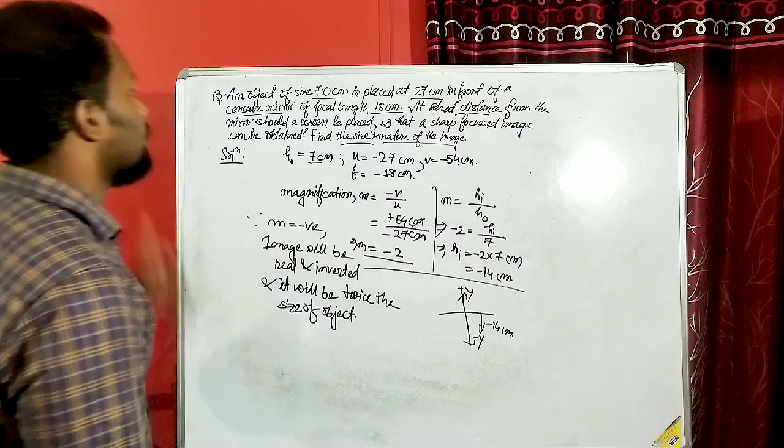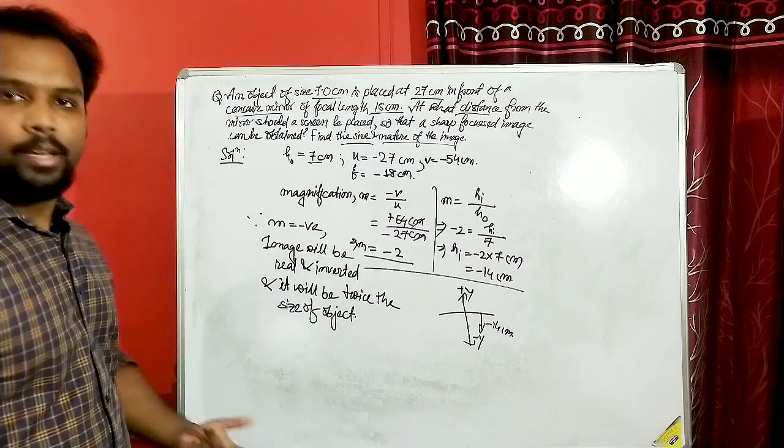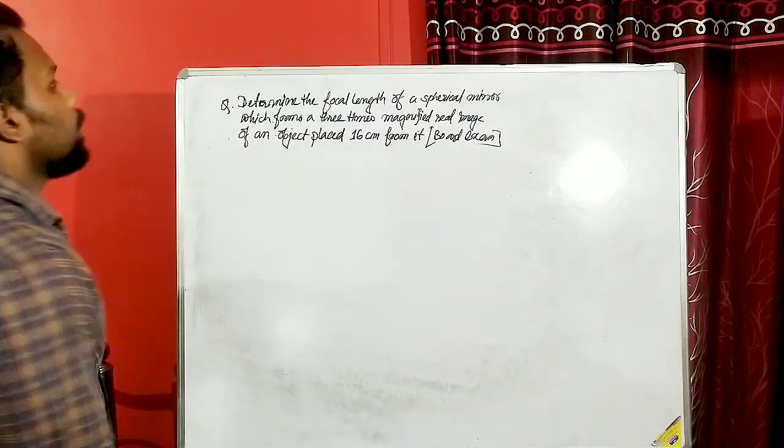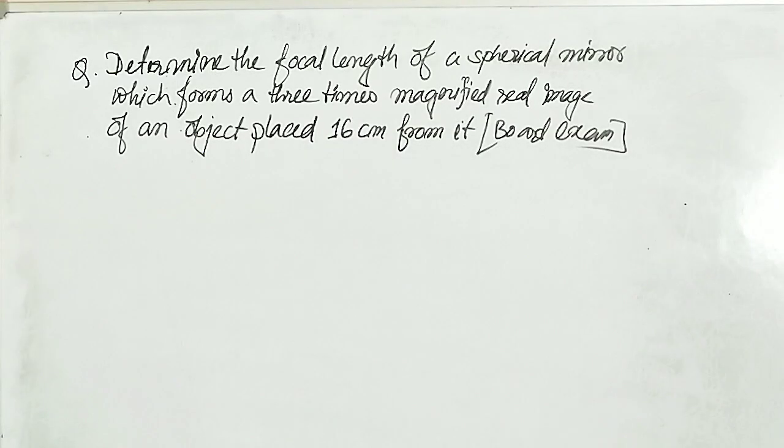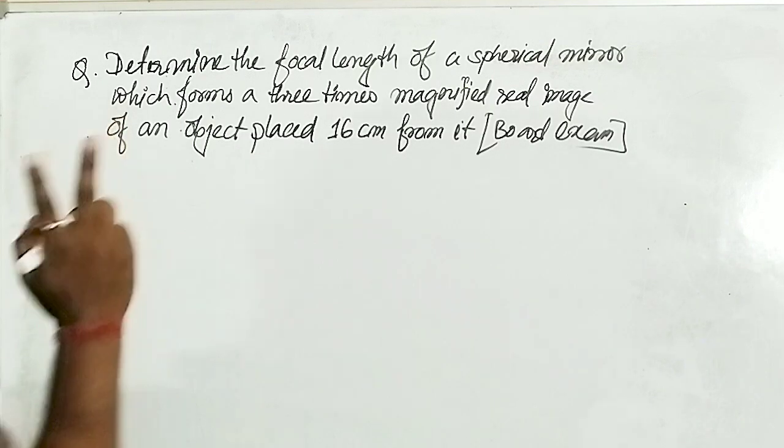Simple question. Just write it down and I will move towards the next question. Okay, this is our next question. What this question is saying is: determine the focal length of a spherical mirror which forms a 3 times magnified real image of an object placed 16 centimeter from it. We got two main things.